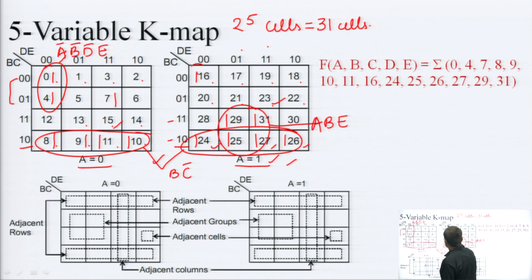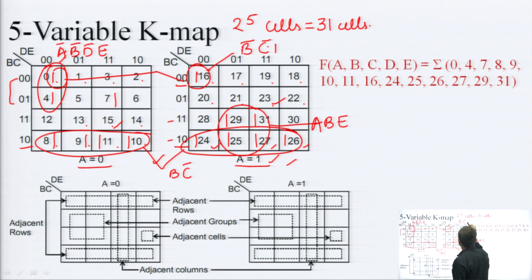Similarly, this one is common, so it is present in both the K maps. So it will have neither A nor A bar. This can have B bar C bar. If I write the answer for this one: B bar, C bar, D bar and E bar.